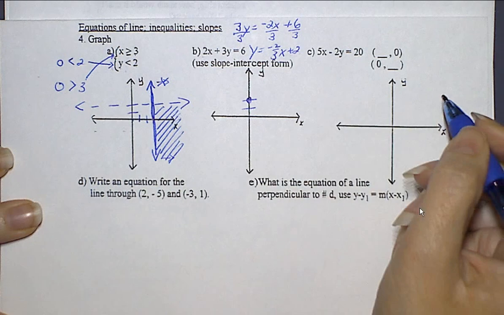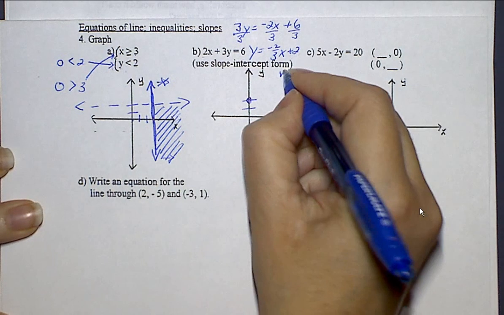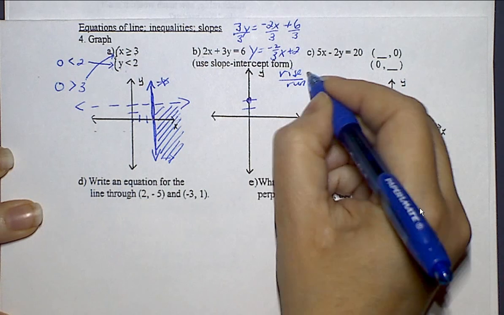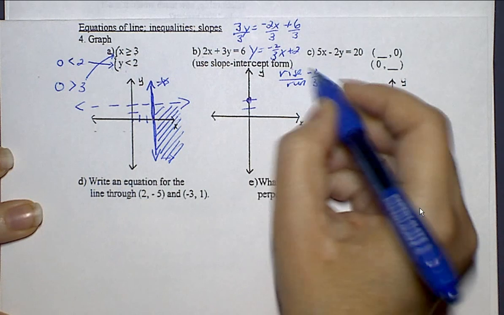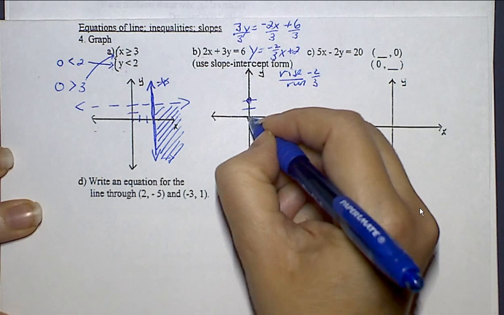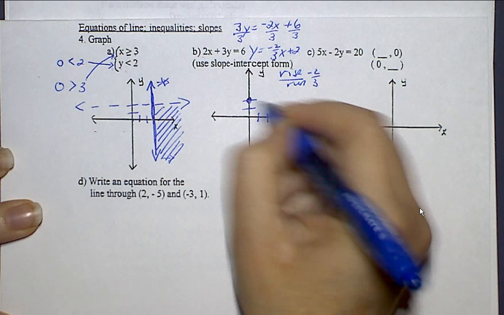Then my slope is negative 2 over 3. So always remember that it's rise over run. So that means I'm going to rise negative 2, so that means I'm going down 2. And I'm running 3. 1, 2, 3. And I'm connecting my dots.